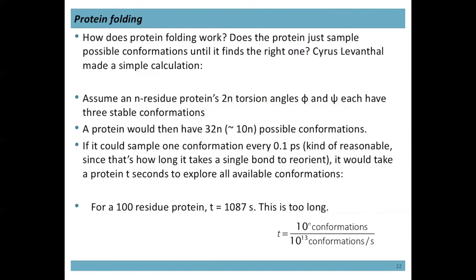And if we could sample one conformation every 0.1 picosecond, which is kind of a good assumption. Again, this is just what they refer to as a back of an envelope calculation to just kind of get you the general numbers. And in fact, that's what this means here is they just round it down and say, 3^2, that's close to 10, so 10^N possibles. That's just to keep the calculations simple.